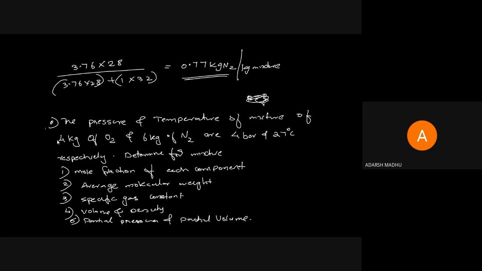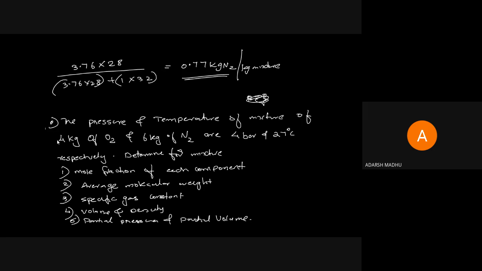Fourth one is volume and density. Fifth one is partial pressure and partial volume, that means the volume of oxygen and volume of nitrogen, and pressure of oxygen and pressure of nitrogen. So there are 5 sub questions. Therefore it will be a question of 6, 8 or 10 marks.